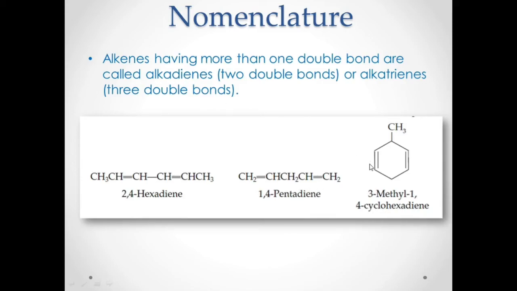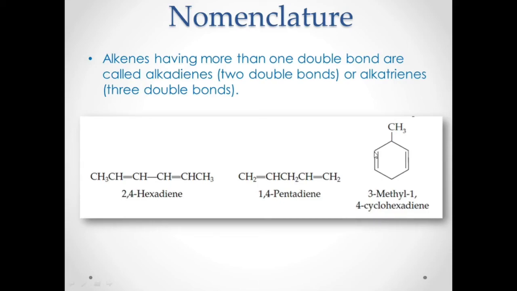Okay, so we also have an example for a cyclic compound, a cycloalkene, that contains two double bonds. How do we number this? Remember that your double bond or triple bond is the priority, not your methyl. So you cannot number this as 1, 2, 3, because this is not your priority. Your priority should be the double bond.